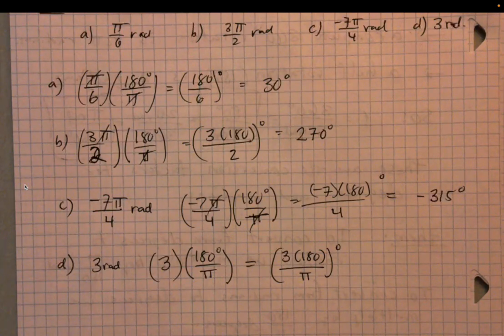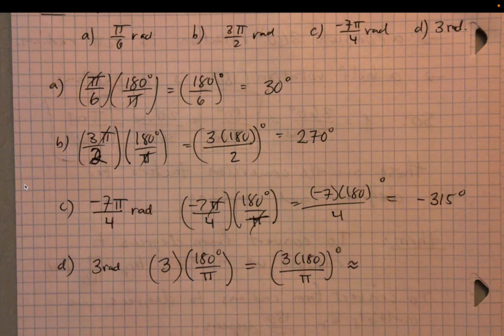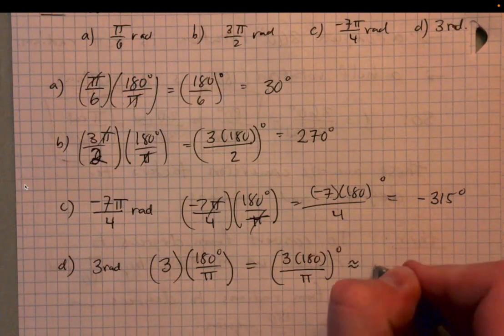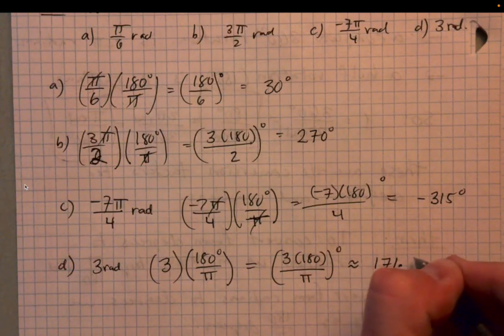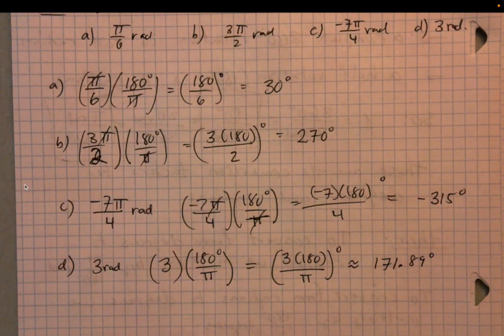But normally you don't want to present an angle in degrees with a transcendental number. It's best to approximate here. So if you pull out a calculator and take 3 times 180 and then divide that result by 3.14, you'll get approximately 171.89 degrees. Okay, and so that's converting from radians to degrees.